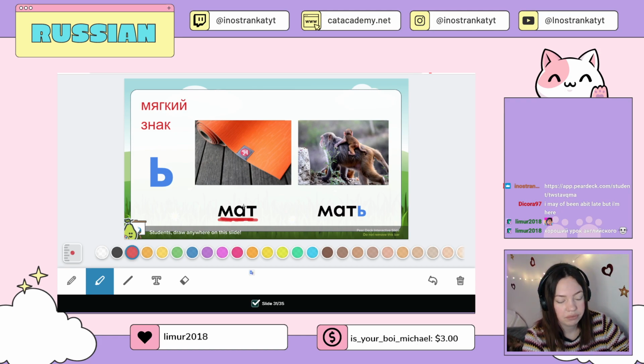Just like a mat, maybe yoga mat. The last sound sounds pretty hard, right? But if we add this symbol, мягкий знак, we should make it much softer. Мать, mama or mother.